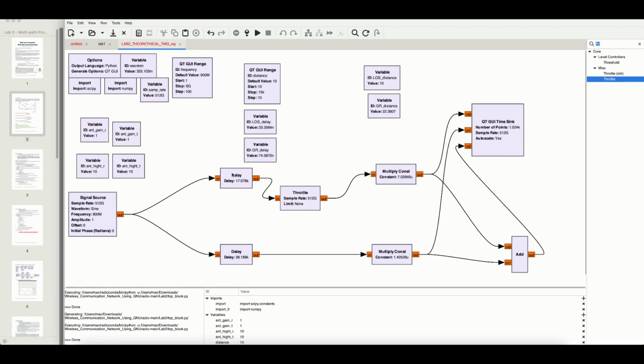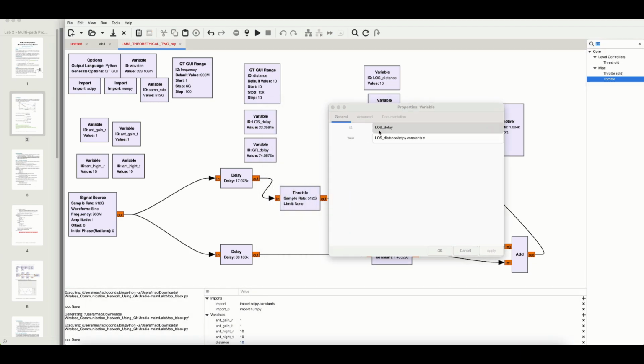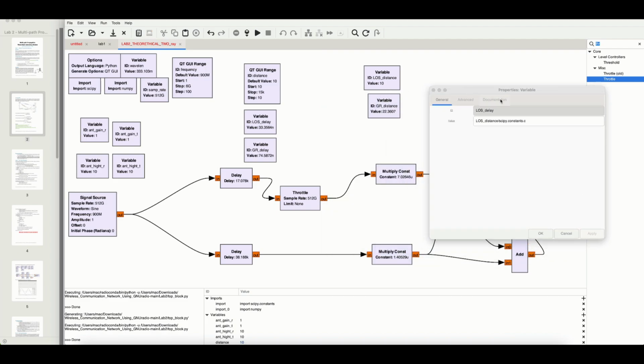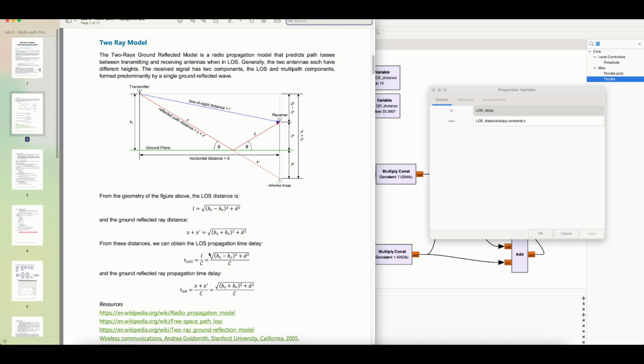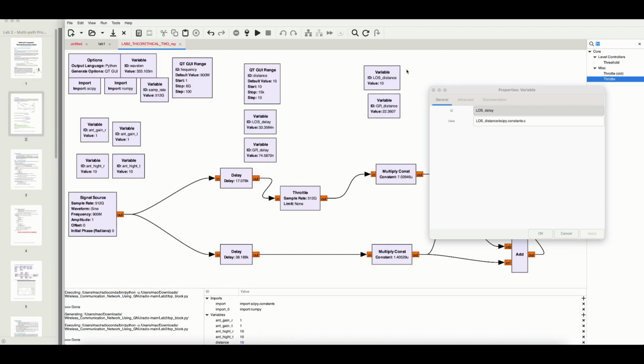Now before I even look into my delay, let's look at the line of sight delay. Line of sight delay, if you were to look at it, is actually line of sight distance, which we just looked at, divided by my speed of light. This is what it is. So line of sight distance is actually this distance, which we already called using this variable, line of sight variable, right here.